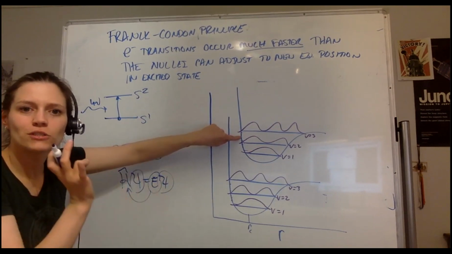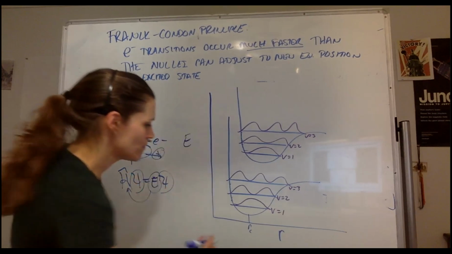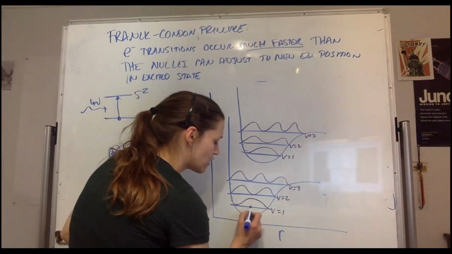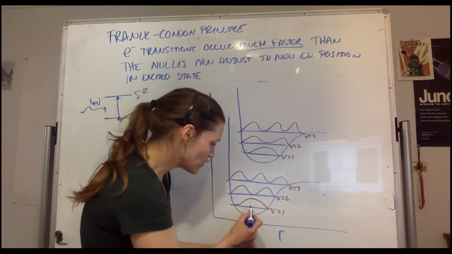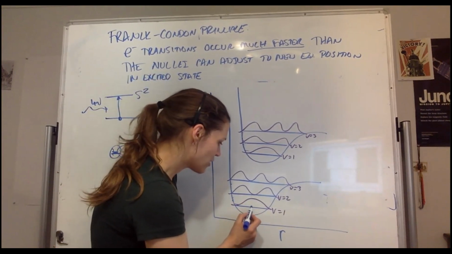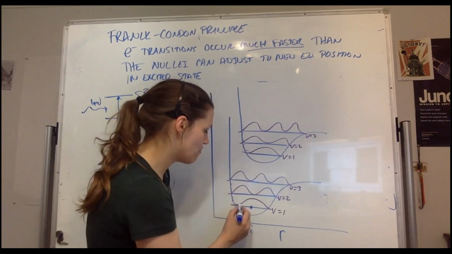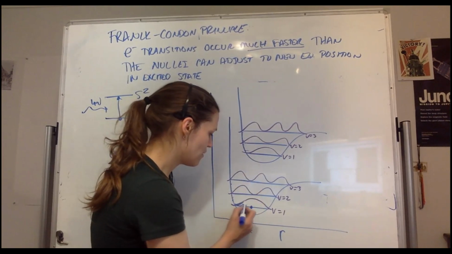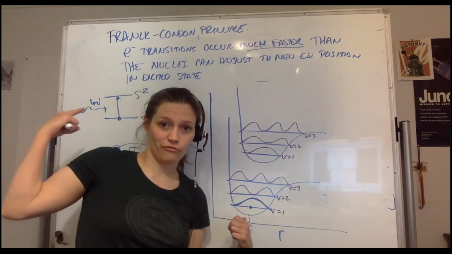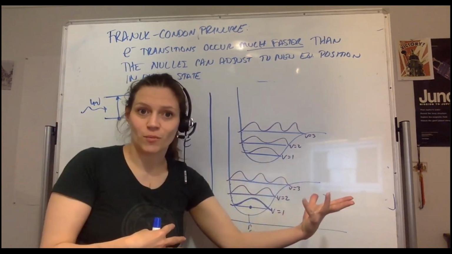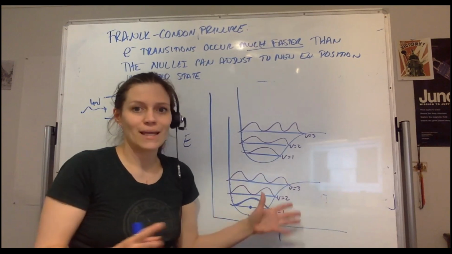Okay, so if you're in the ground vibrational state in the ground electronic state, what's going to happen is the electron is going to go up to the state that best matches this vibrational state. It doesn't want to put any more energy in from the incident photon to changing its vibrational state. It doesn't want to do that.